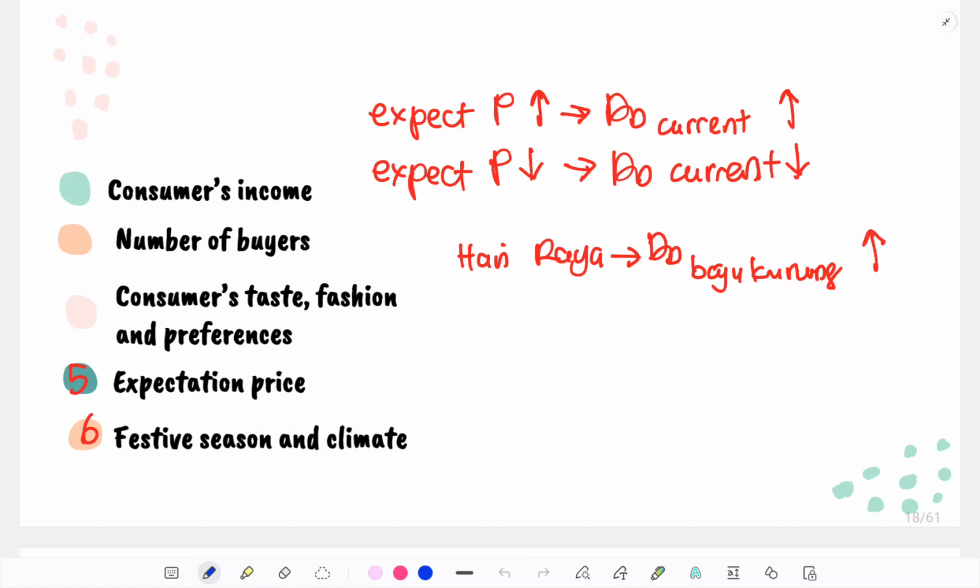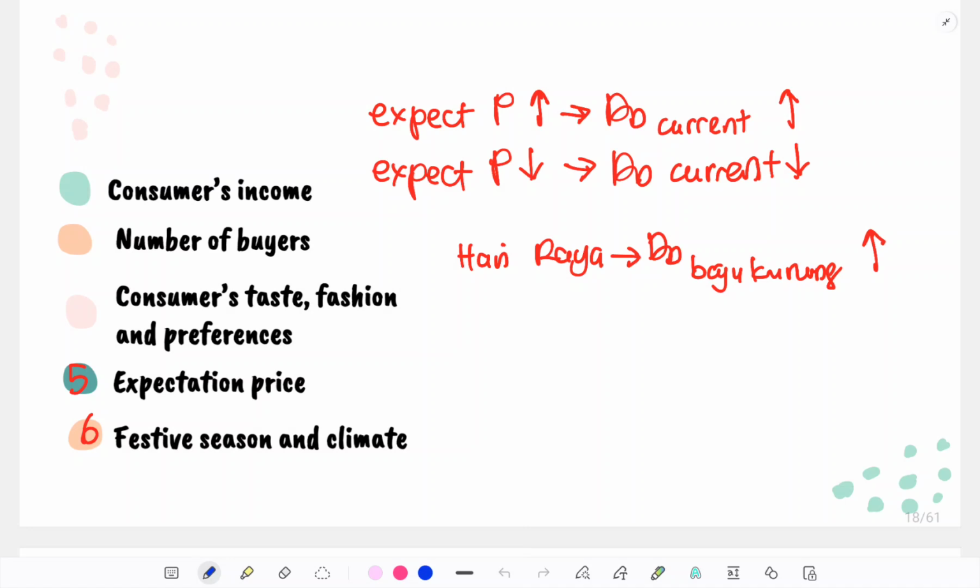So our demand curve will shift rightwards. But right after the end of the Hari Raya season, there is an off-season time. So the demand for baju kurung, baju Melayu, and cookies will go down. So our demand curve will shift leftwards.